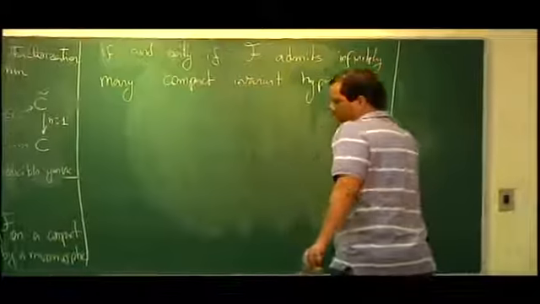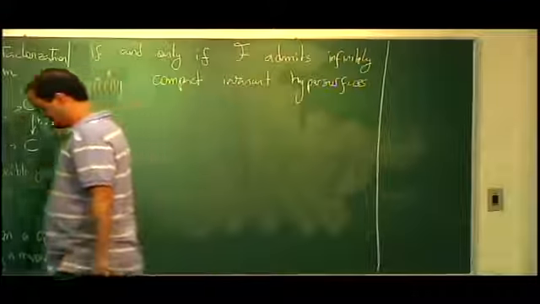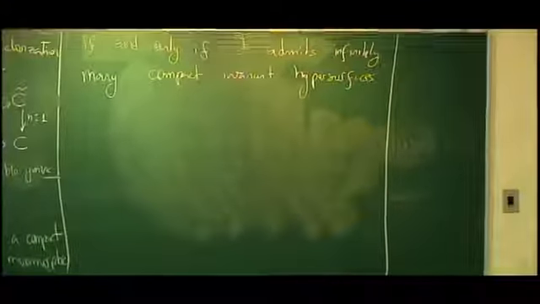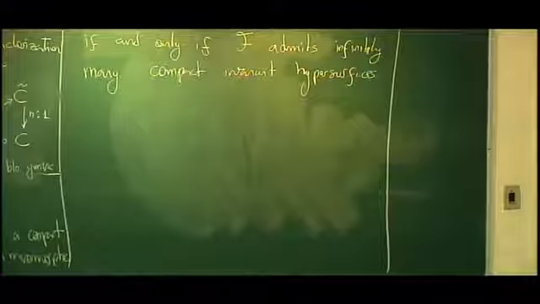I have to define what I mean by invariant hypersurface. I'm going to say that a compact complex hypersurface is invariant by the foliation if, when restricted to the complement of the singular set, it is a leaf of the corresponding smooth foliation.